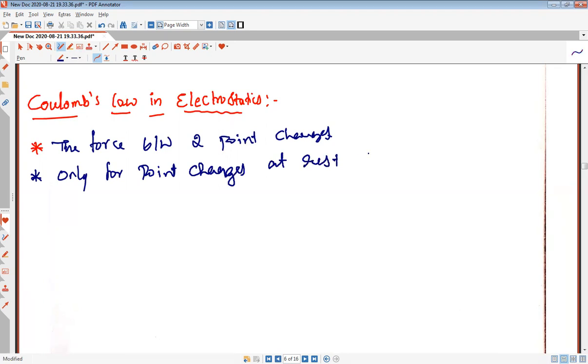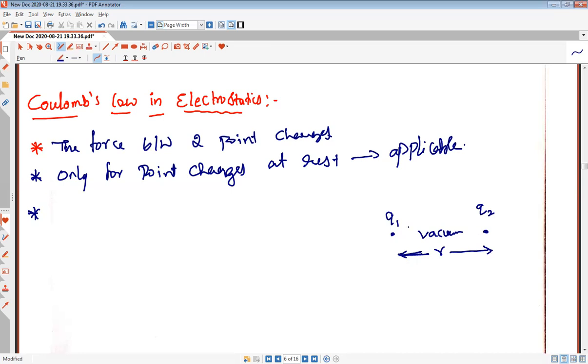According to Coulomb's law of electrostatics, if Q1 and Q2 are two charges placed in vacuum at a separation R, then there exists a force between these two charges.